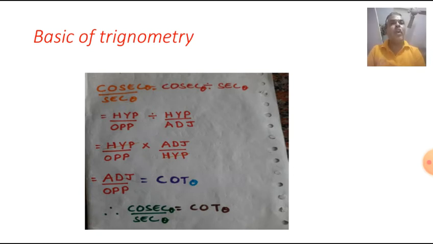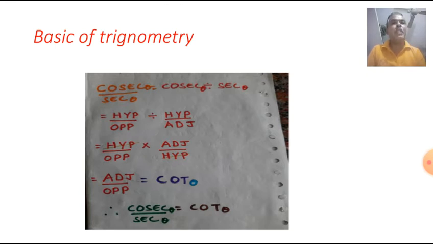That is equal to hypotenuse by opposite into, I replaced divided by into. If I do so, the ratio in front of the divided by interchanges. Numerator becomes denominator and the denominator becomes numerator. That is adjacent by hypotenuse. Here the hypotenuse will cancel with hypotenuse. The rest is adjacent by opposite.